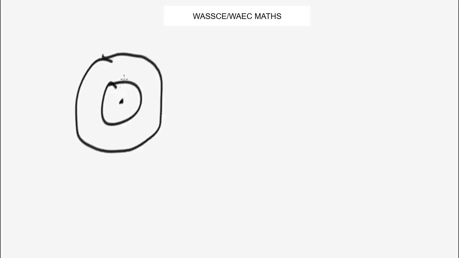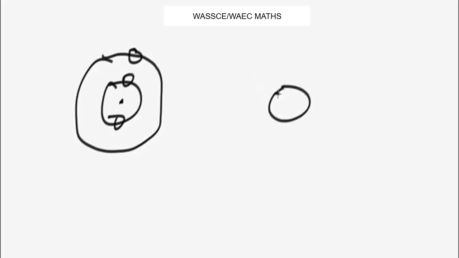Lithium has atomic number 3. This is the nucleus, this is the first shell, and this is the second shell. As you can see, in the second shell we have only 1 electron. Now let's draw that of sodium.